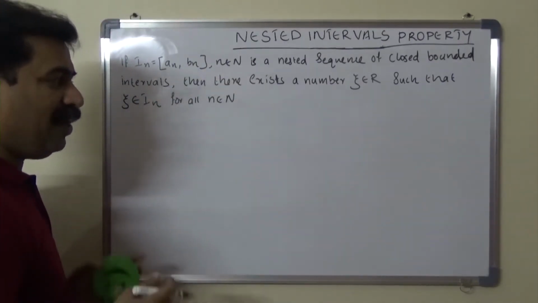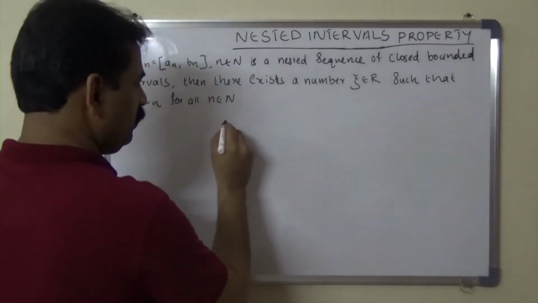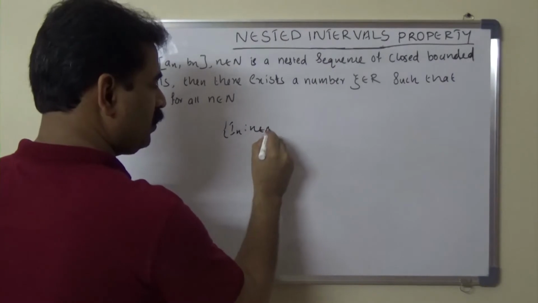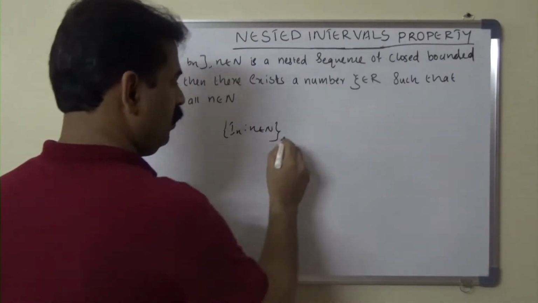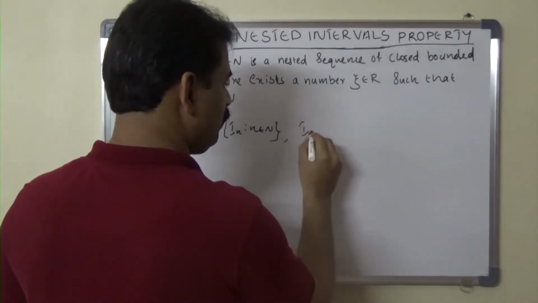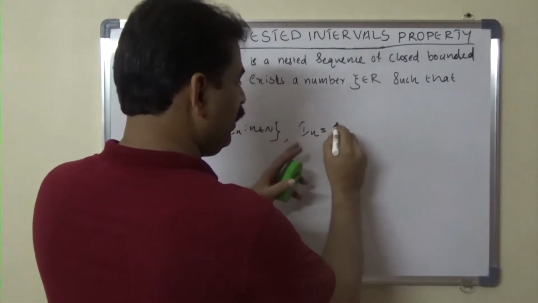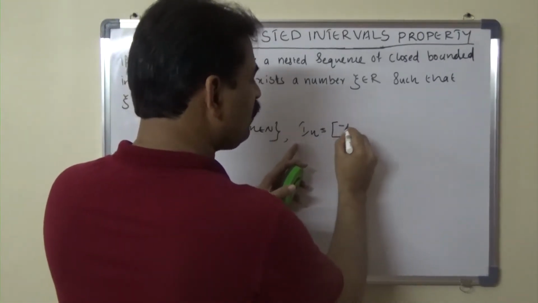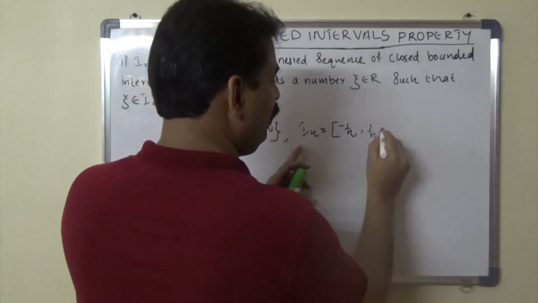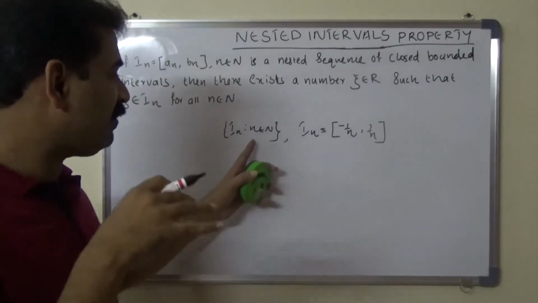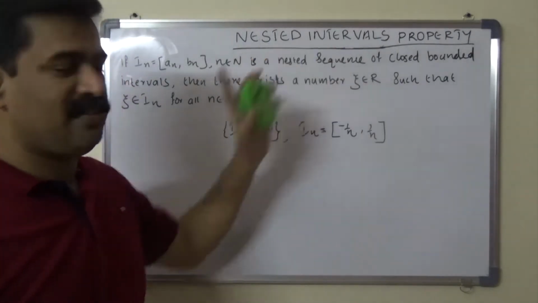Already we have seen sets I_n such that n belongs to capital N. Here, if we take I_n equals the closed interval [-1/n, 1/n], then this collection is a nested sequence of intervals.